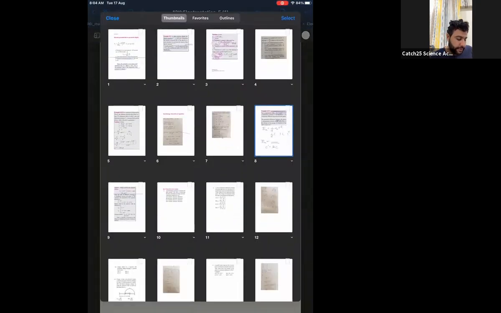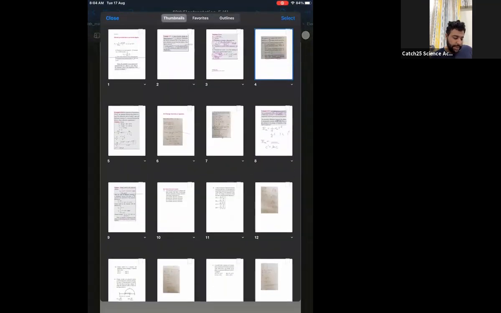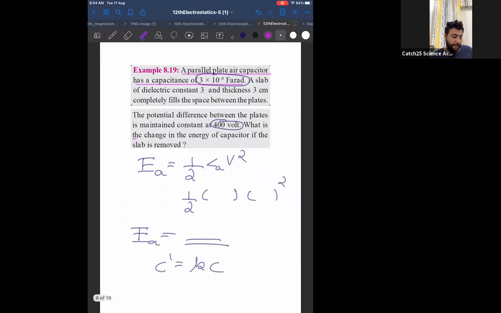Because last class we have done this: if the whole space between the plates is filled with an insulator of dielectric constant K, the new capacity will be CK. Now, based on that, the old capacitance was 3 into 10 power minus 9 farad and the dielectric constant introduced is given as 3.